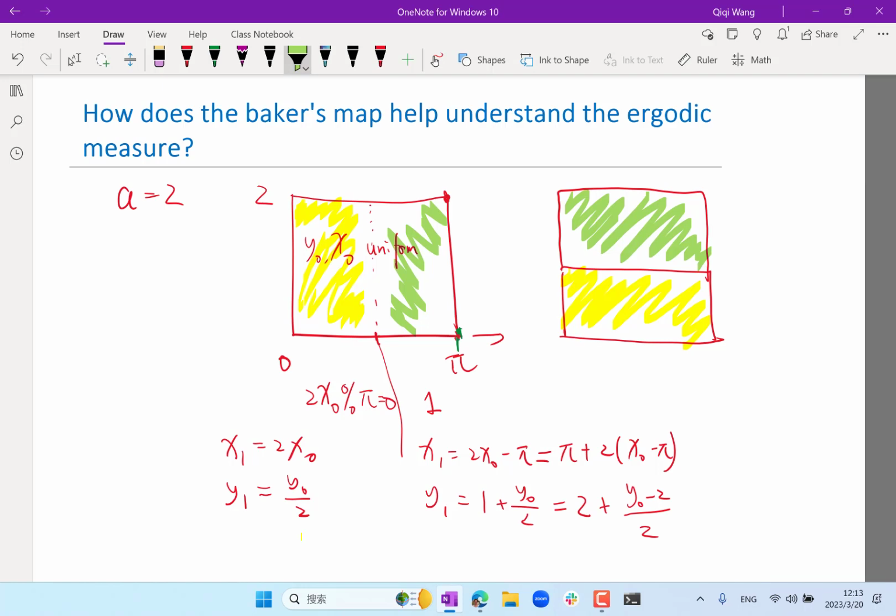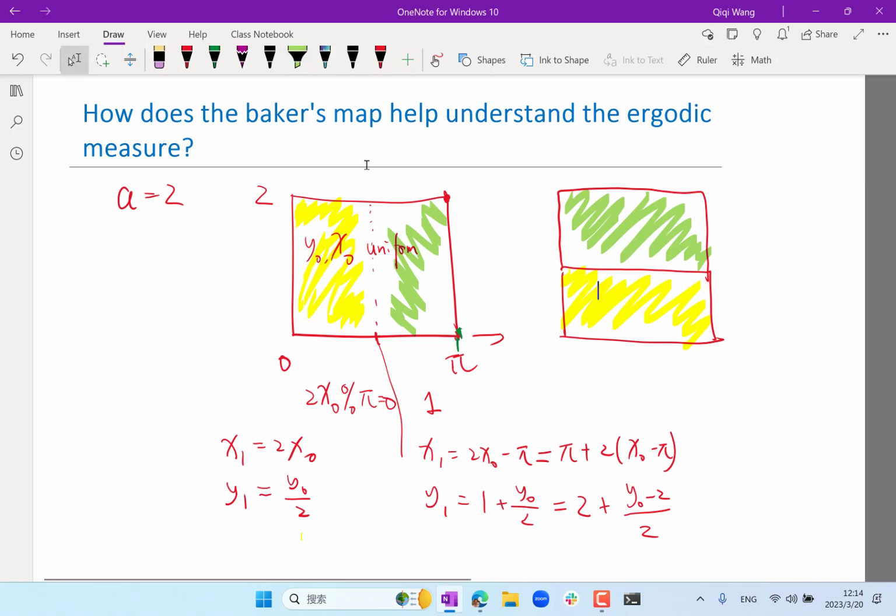Then you cut it again and just keep doing the squeezing. At the end of the day, if there is any non-uniformity in the dough in the beginning, this non-uniformity is going to be really squeezed in the y direction and spread out in the x direction. So any original features are going to be extremely layered after many iterations.